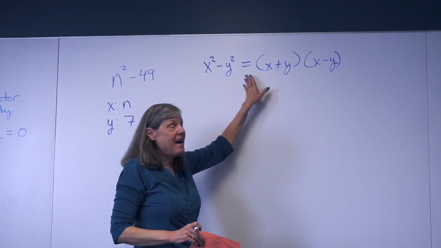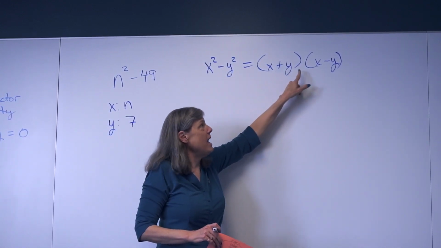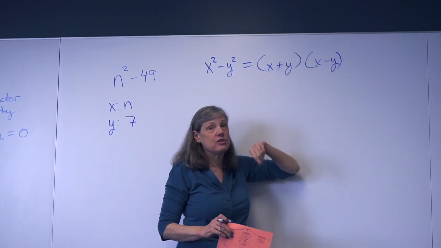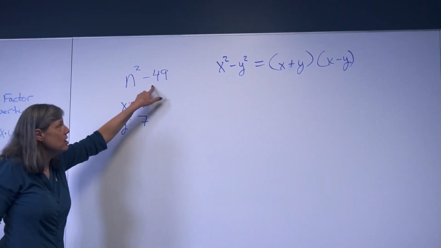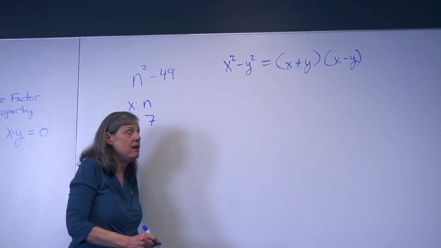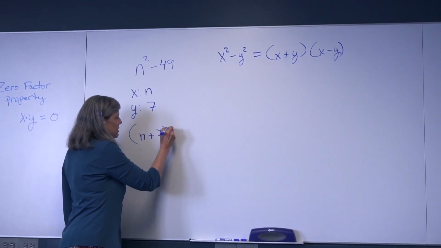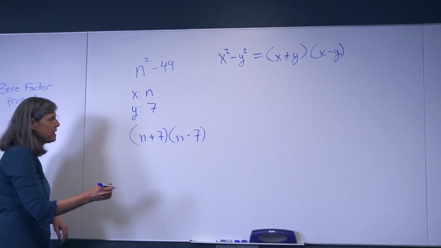And then when we factor it, it goes into this, okay? Where our x's are the same, our y's are the same, our signs are different. So once we've figured this out, we just need to put it into this pattern, and we're done. So n plus 7, n minus 7, okay?